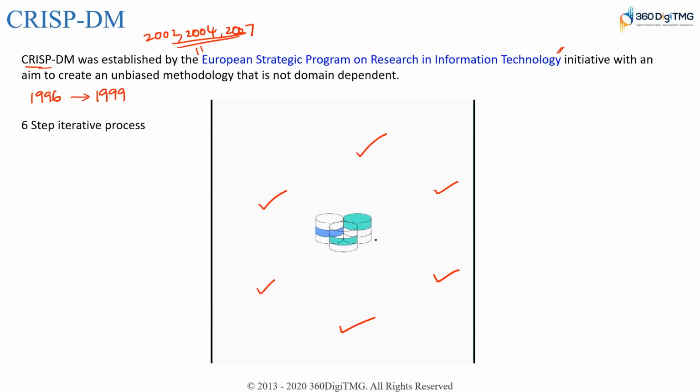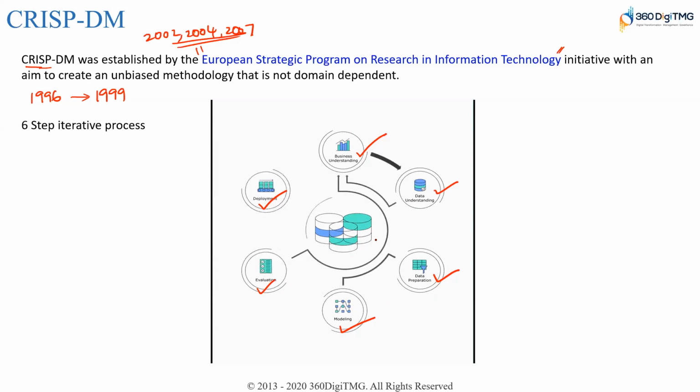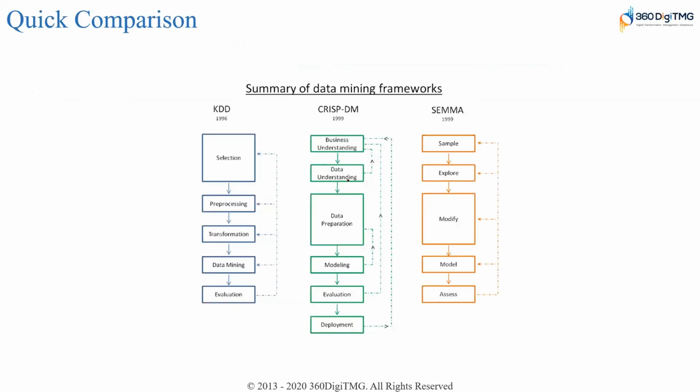Let's quickly look at the comparison between these three, and then I think we are good to move and discuss our unique methodology, which is very closely aligned with CRISP-DM. Okay, here KDD is the oldest of these three frameworks.